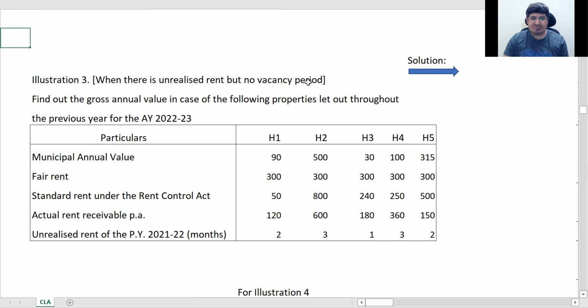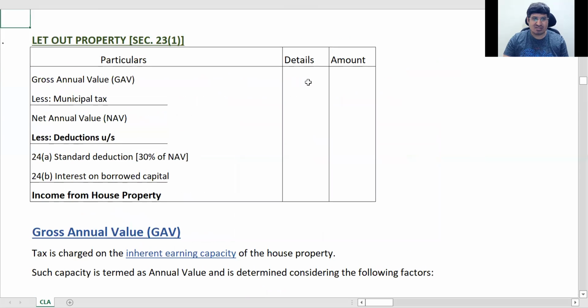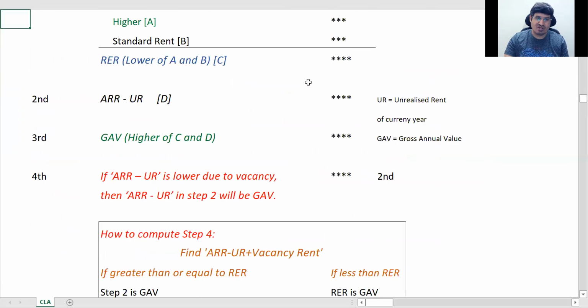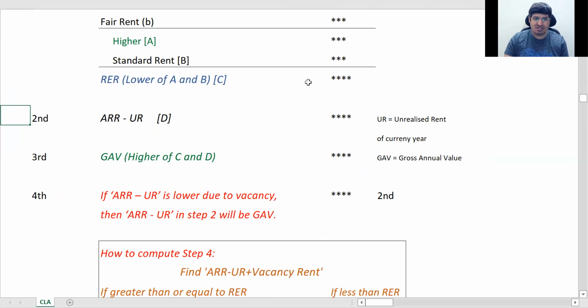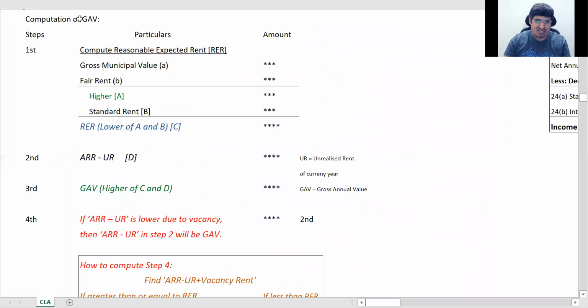Now here, for unrealized rent, I'll just show you one thing. If you see, this was our computation of GAV table. ये हमारा computation of GAV का table था. इसमें आप 0.2 जो हमारा unrealized rent है, कभी भी देखेंगे ना, ARR minus UR, actual rent received receivable minus unrealized rent. ठीक है, in the format itself हम इसको minus करके second step करते हैं.